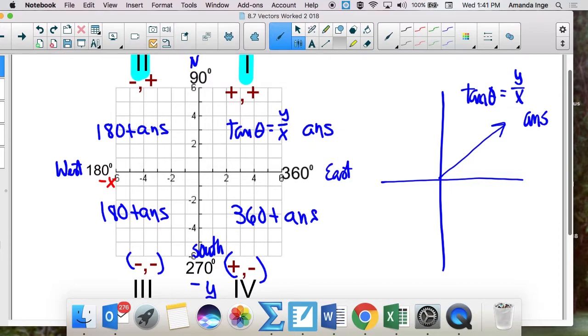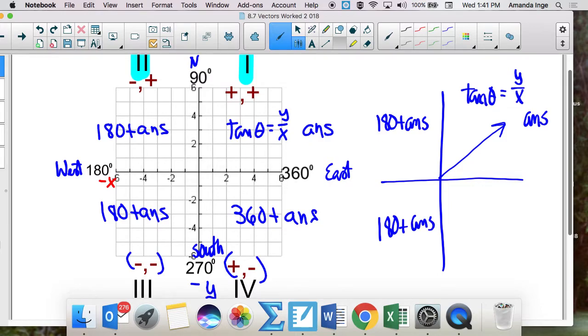In quadrant 2, it's going to be 180 degrees plus your answer. In quadrant 3, it's going to be 180 degrees plus your answer.